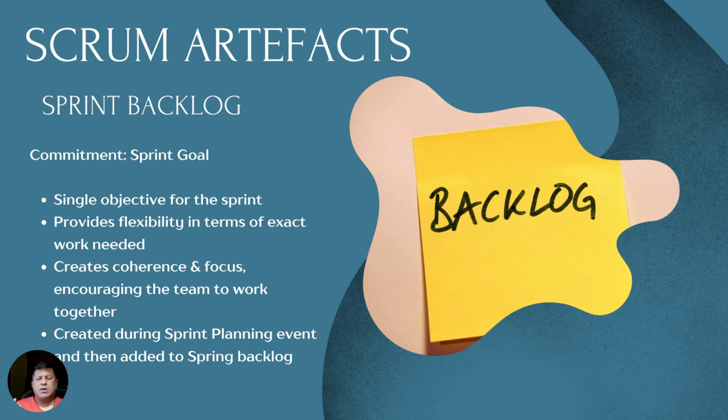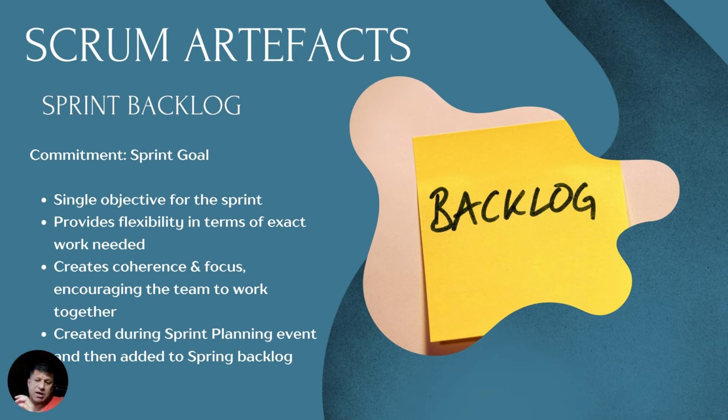If it is altering the sprint goal itself, then the sprint goal becomes obsolete. That means we have to cancel the sprint and renegotiate. But as long as the sprint goal is not compromised by bringing in some changes, the sprint backlog is very flexible.